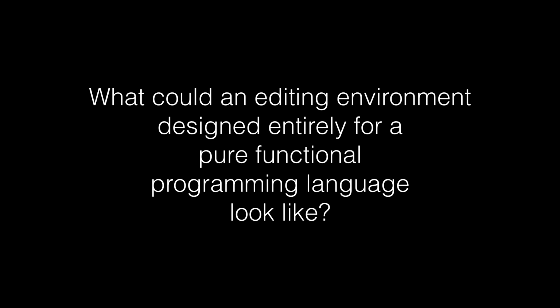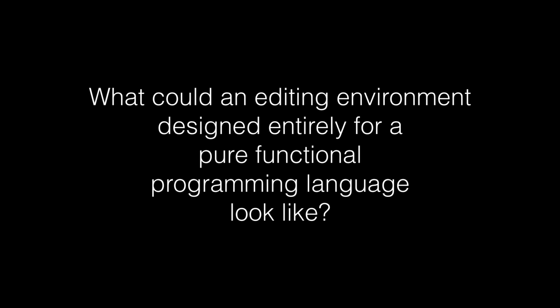So I wanted to come at it from a totally different perspective. My entire project is all about answering the question, what could an editing environment designed entirely for a pure functional programming language look like? Well, to answer that, we first need to understand what are the properties of a pure functional programming language.